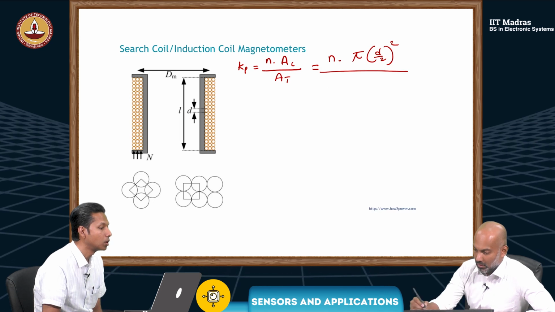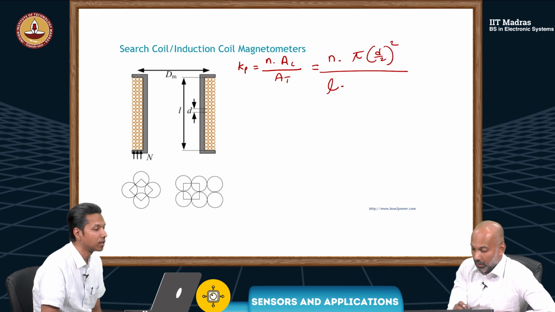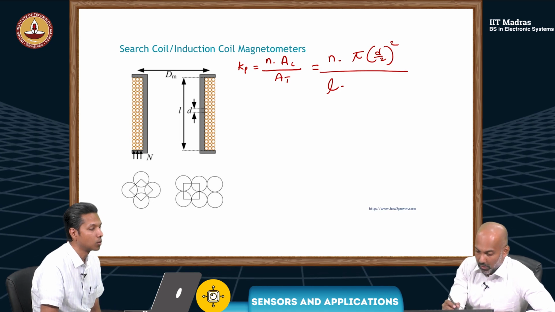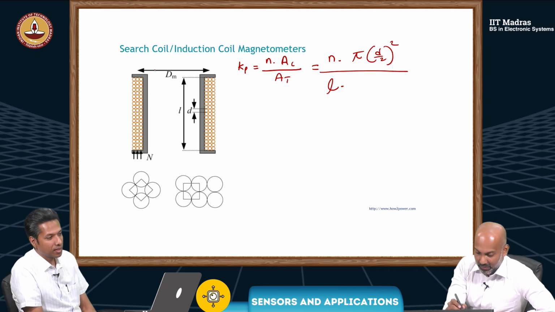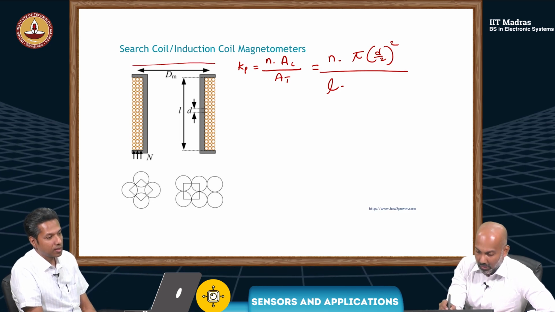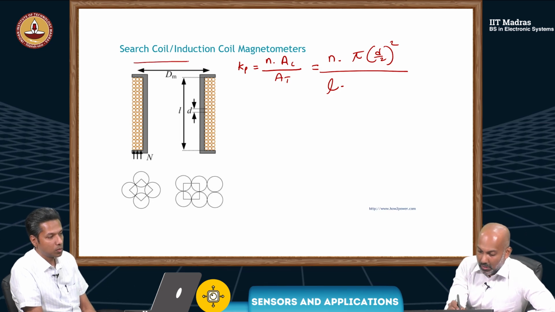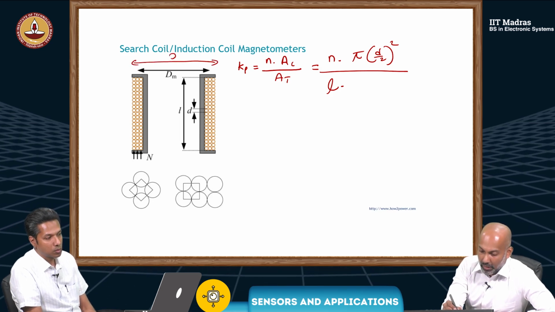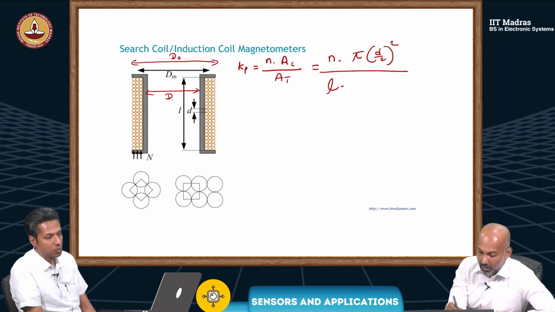Total area is L into... You are not given the width of the winding. But let's forget about the mean diameter. Let's say we consider this the outer, and this the inner.